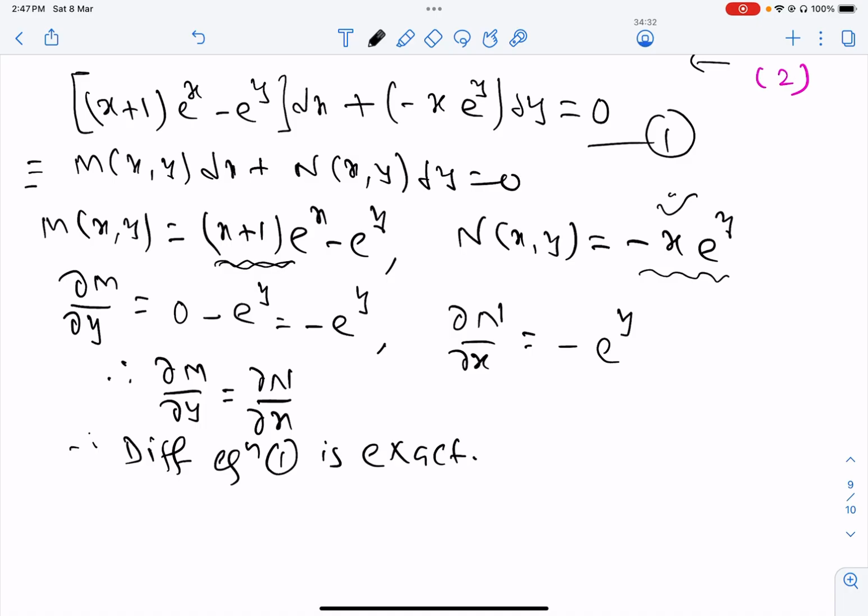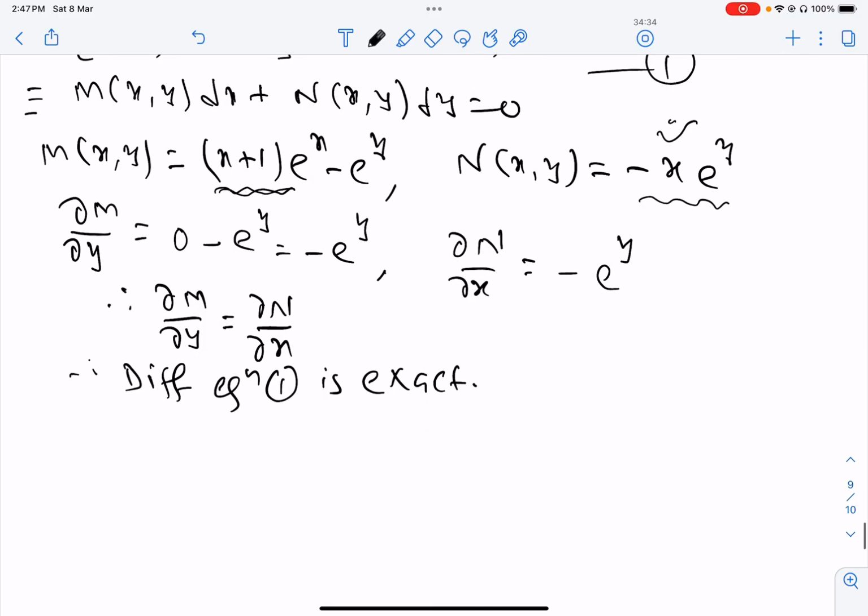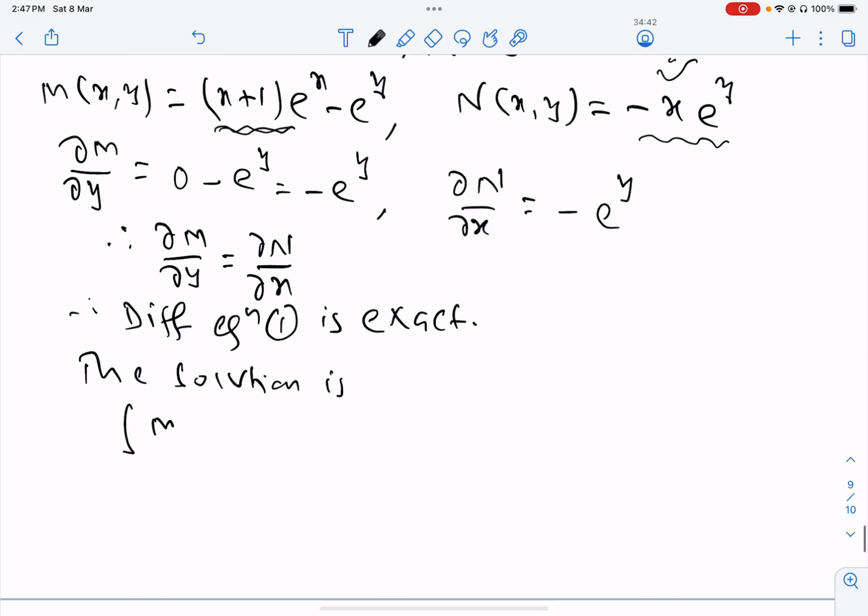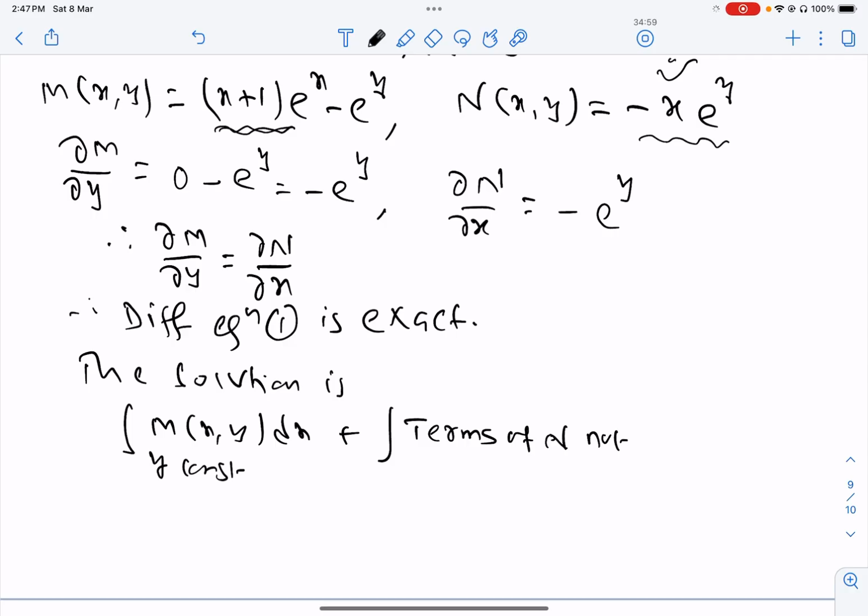Now once it is exact, we can solve it easily. The solution is the integration of m dx, considering y as constant, plus the integration of the terms of n not involving x, dy, equal to c.